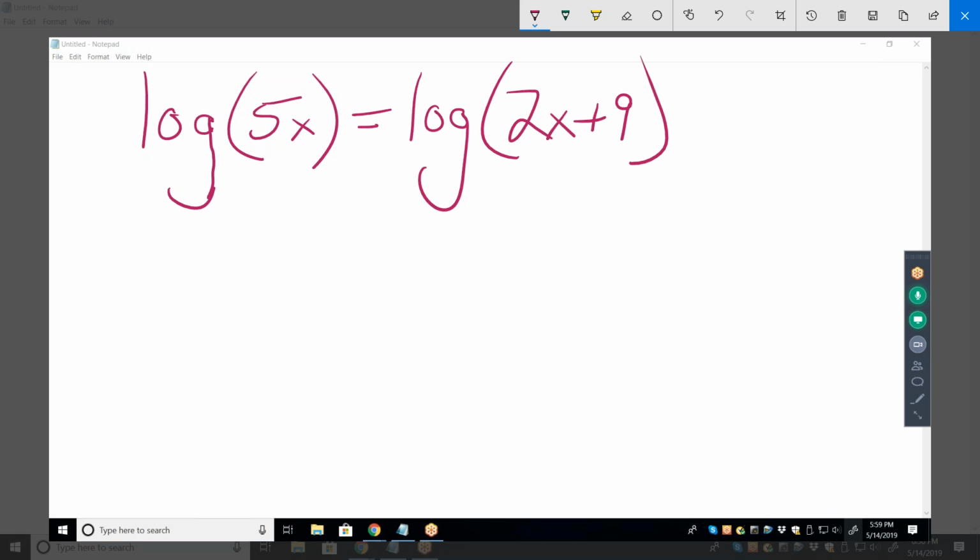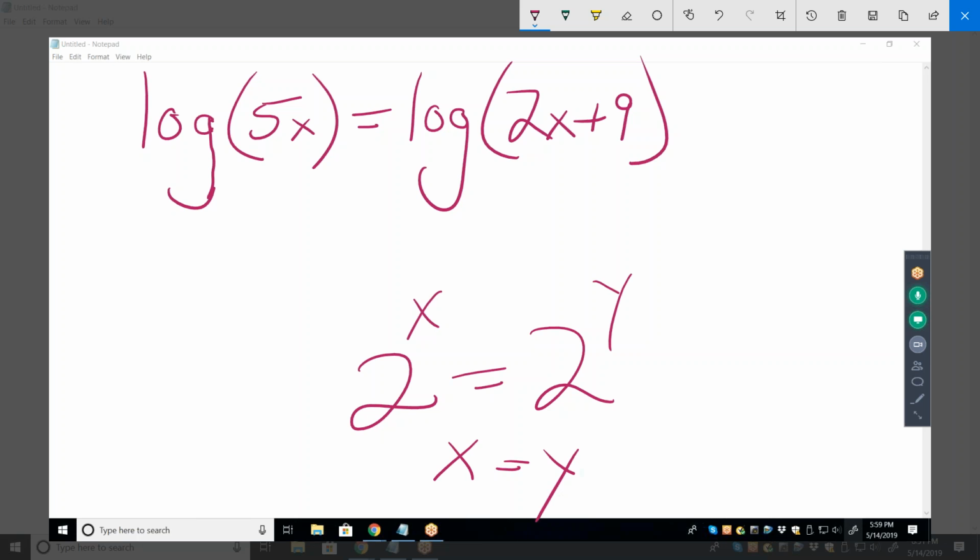Now, if I've got the log of one thing equals the log of another thing, what can I say about those two things? You can't cancel them. They're equal to one another. Think of it as dividing both sides by log, even though that is not at all what's happening. It's more like saying if 2 to the x equals 2 to the y, then x equals y.